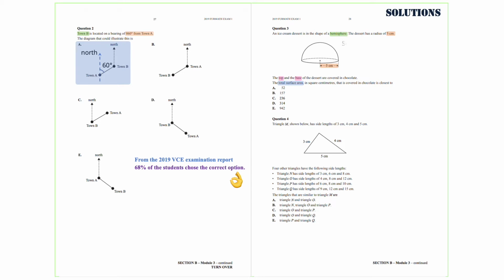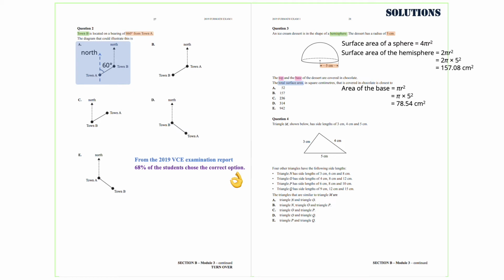The surface area of a sphere equals 4 pi r squared. Therefore, the surface area of the hemisphere equals 2 pi r squared, which is 2 pi times 5 squared, that is 157.08 centimeters squared. The area of the base is pi r squared, which is pi times 5 squared, that is 78.54 centimeters squared.